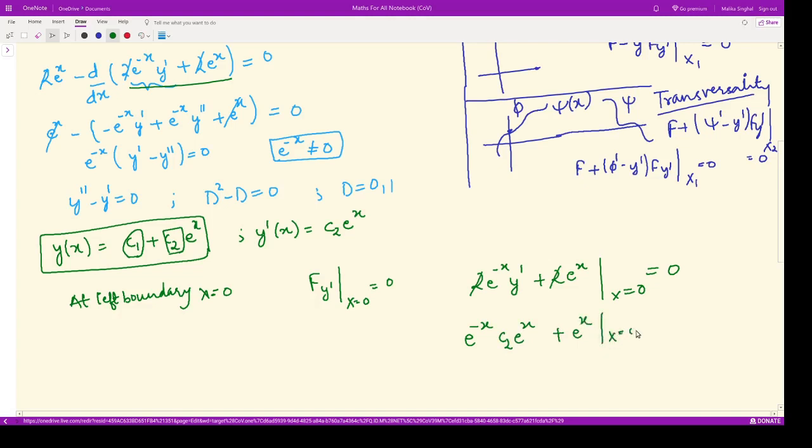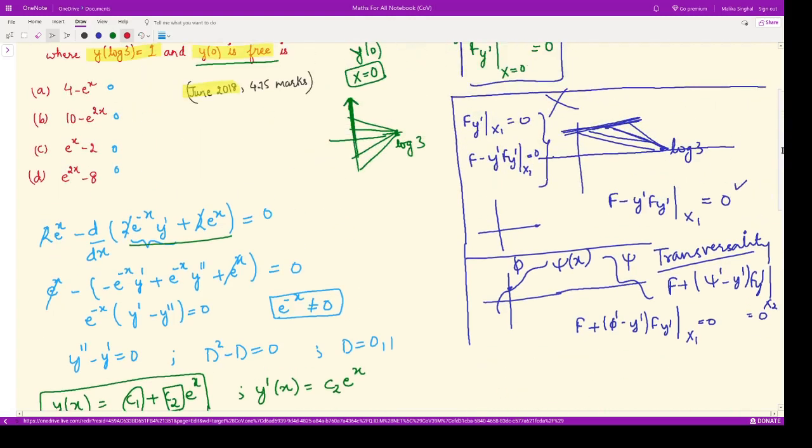At the point x is equal to 0 is 0. Right? So here you get c2 plus e to the power x at the point x is equal to 0, and when you substitute it here, you get c2 plus 1 is equal to 0. So c2 is equal to minus 1. So we obtain one constant from here. So let us calculate the other constant from the given condition.